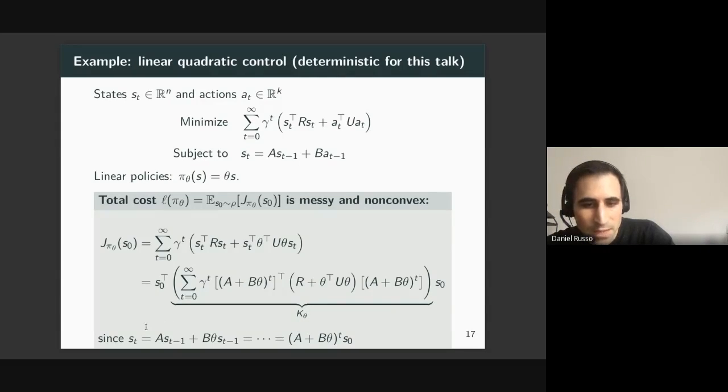And roughly speaking, the reason for this is that the state at time t involves taking the state at time 0 and multiplying it by this matrix here that somehow exhibits a compounding effect of changes of theta over time through this raising to the power t here.